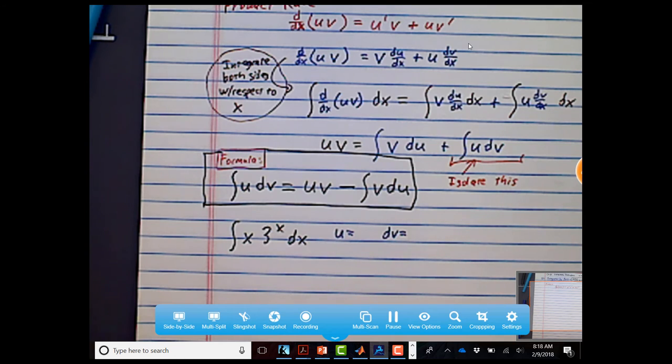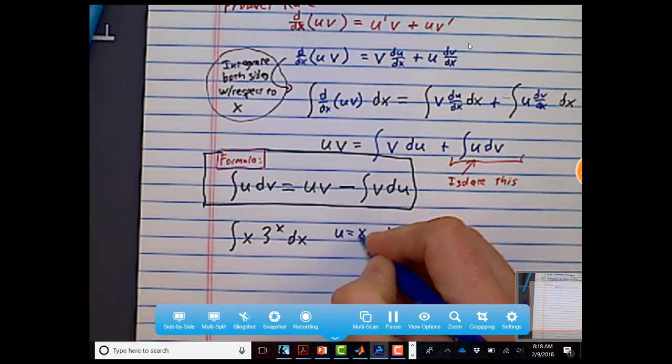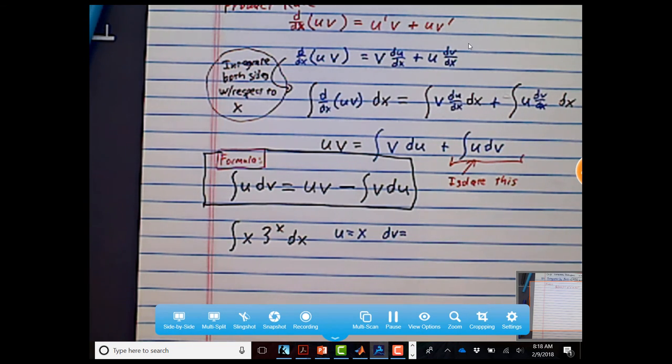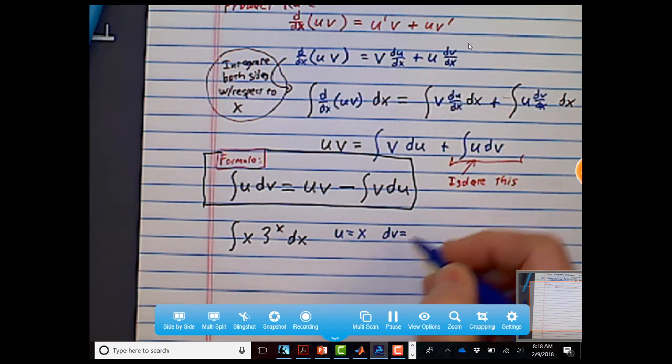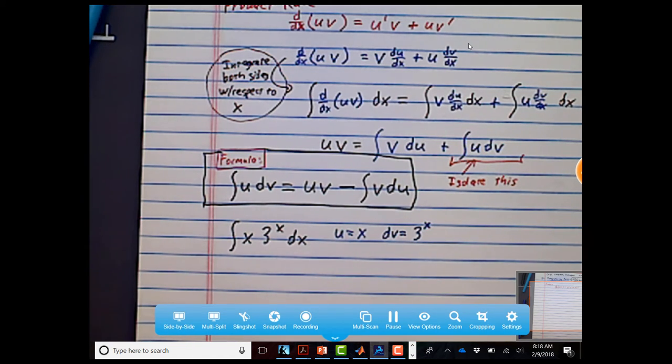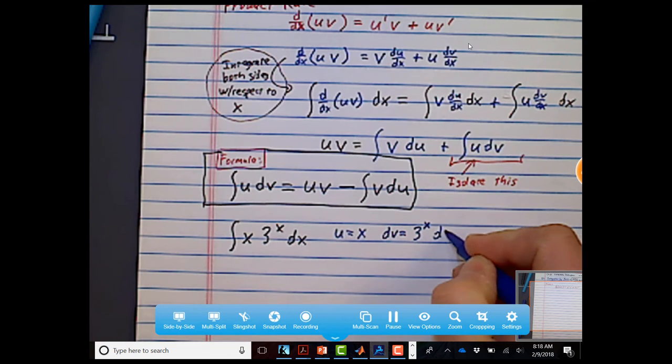Okay? And one thing you need to do is make sure you account for everything in the integral. So blindly, you might say, okay, let's let u equal x. That's a good choice, by the way. And we'll let dv equal 3 to the x dx.